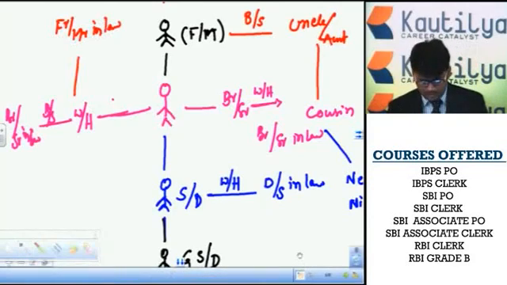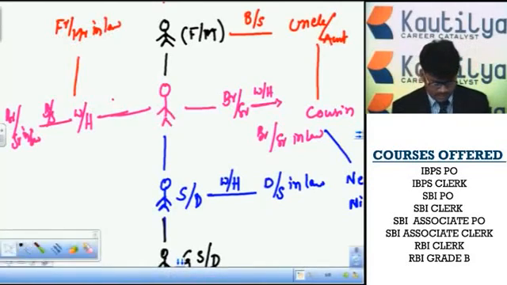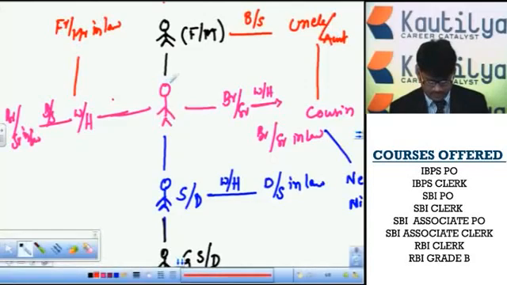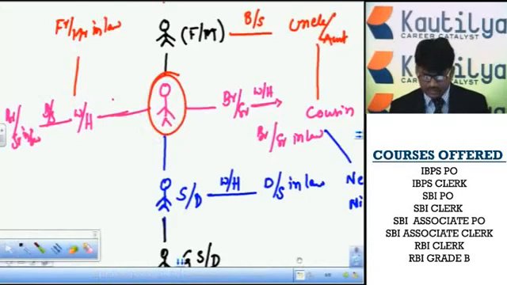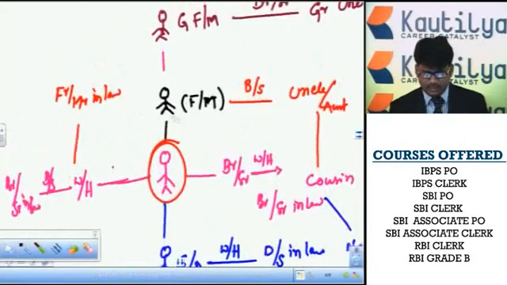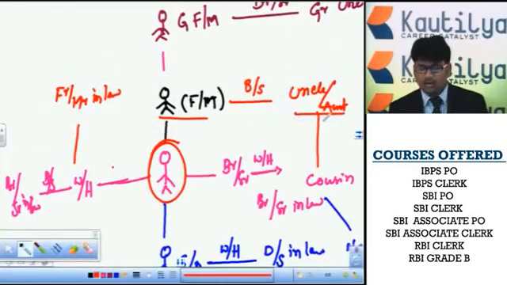The relationship strategy: first, the person is here, ourself. Our upward direction person is father or mother. That person's brother or sister is called uncle or aunt.